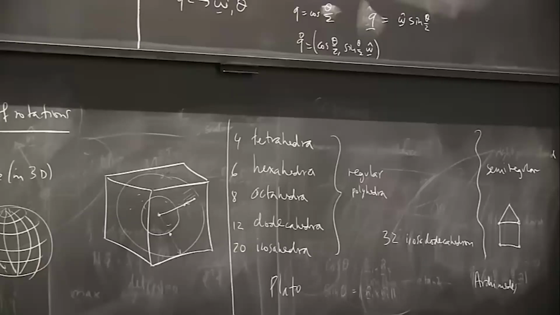So that's on the sphere in 3D. We're talking about a sphere in 4D, and so Plato and Archimedes didn't think too much about those, so we can't resort to them.